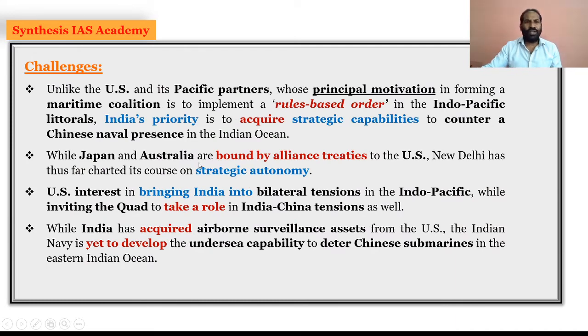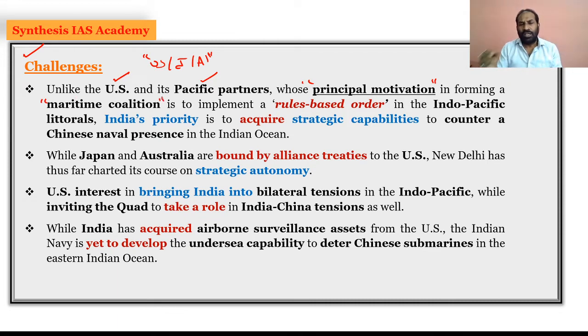We focused on the Quad, and then on the Malabar exercise, the entire timeline. Now we will focus on the challenges ahead which India might encounter. Unlike the USA and its Pacific partners, that is Japan and Australia, these three countries have a principal motivation, which is a maritime coalition.